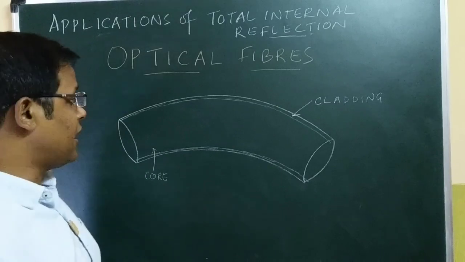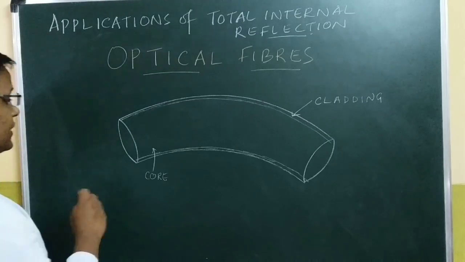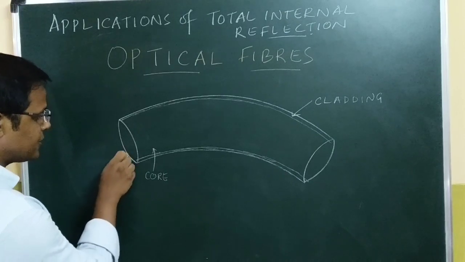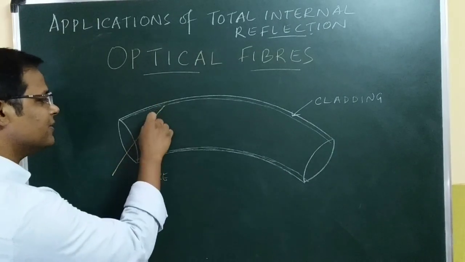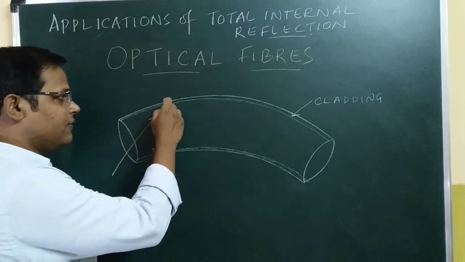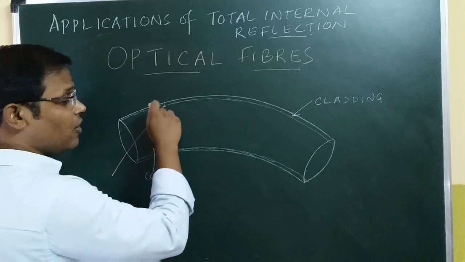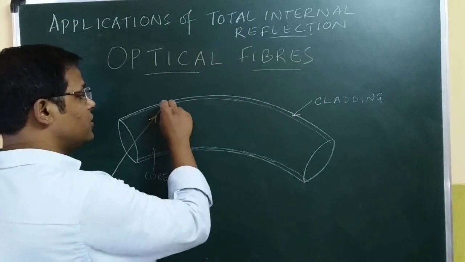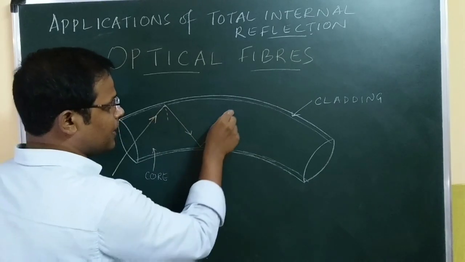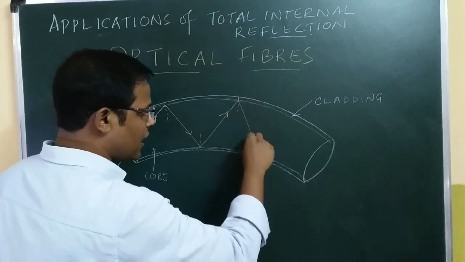So what exactly happens is, once the light enters it at a certain angle of incidence, with the refractive index of the core being intentionally made larger than that of the cladding, and if this angle of incidence exceeds the critical angle, the ray of light does not transmit out, rather it bounces within the optical pipe multiple times.